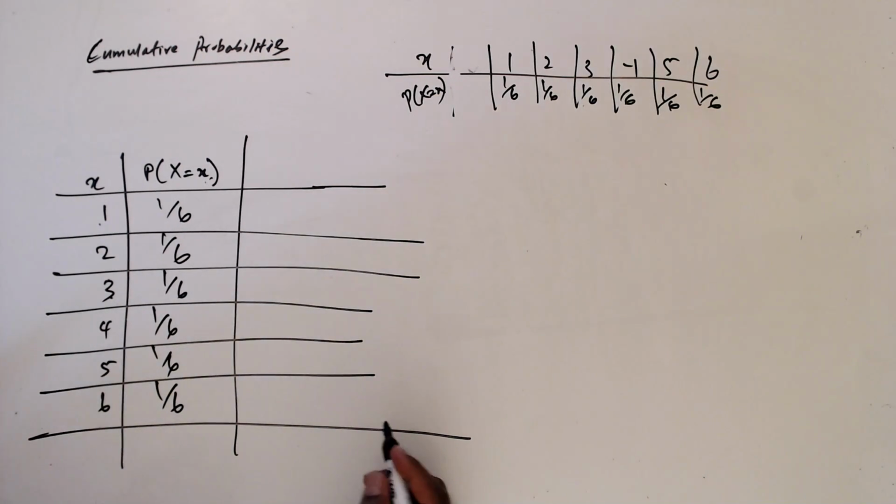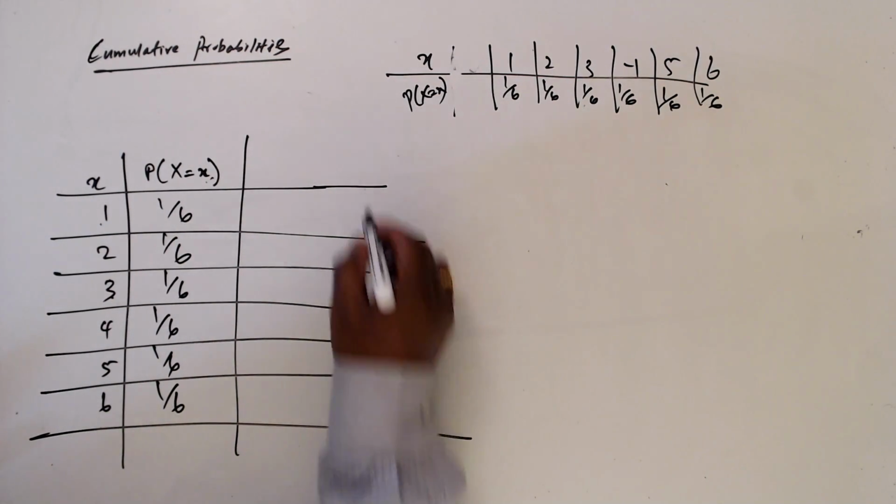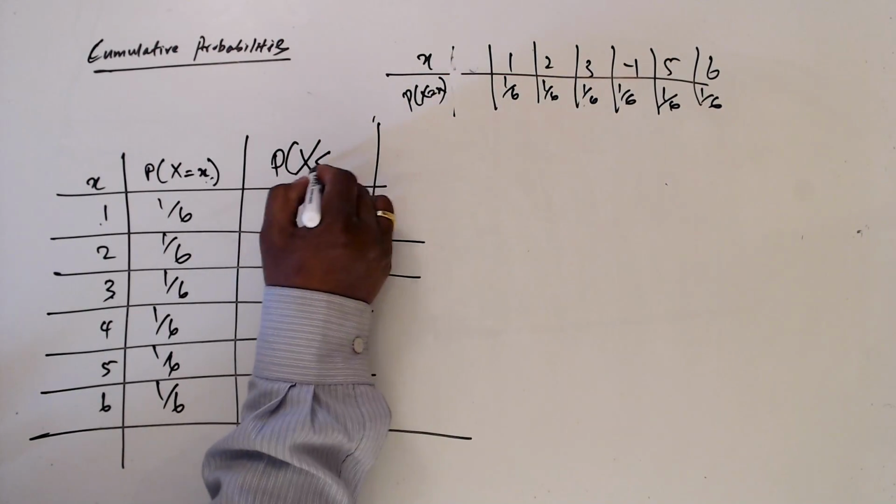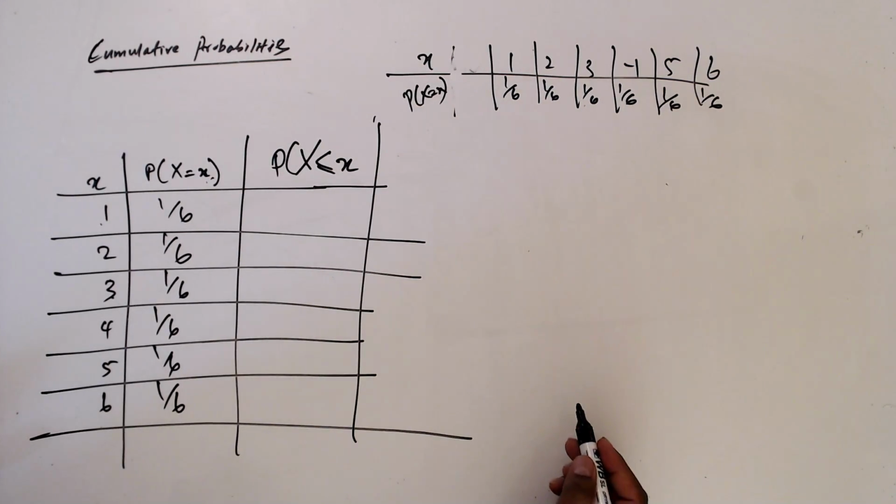Now here, this is the cumulative function, probability of X less than or equal to x.